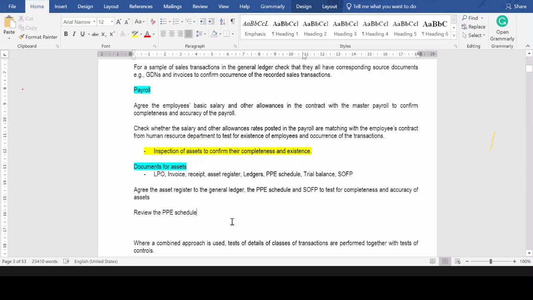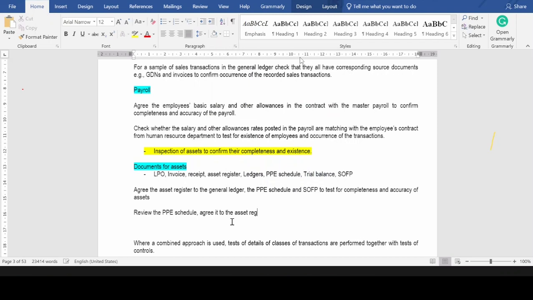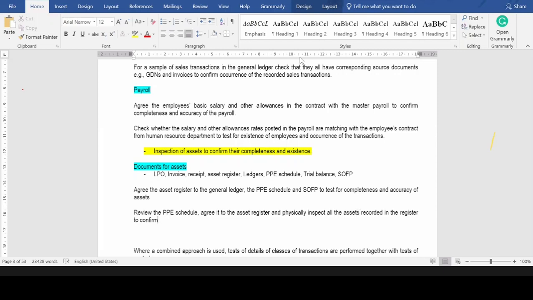So review the PPE schedule, agree it to the asset register, and physically inspect all the assets recorded in the register. Confirm existence of the assets.